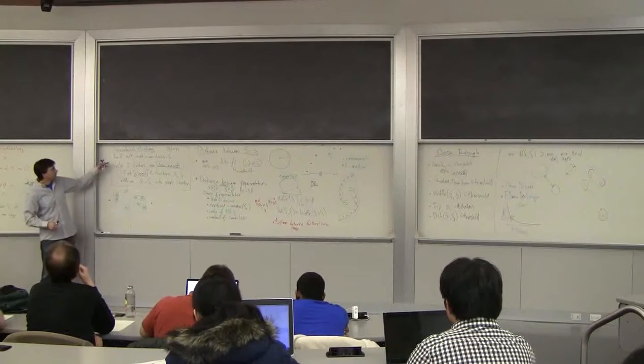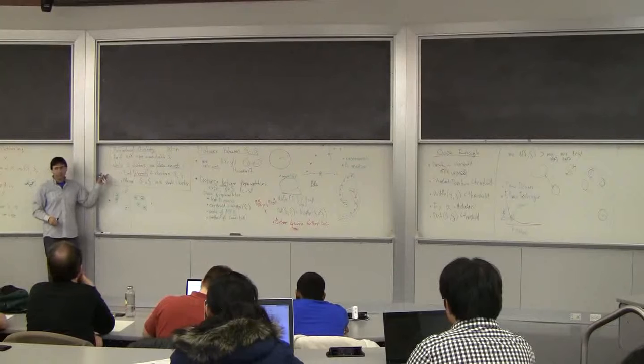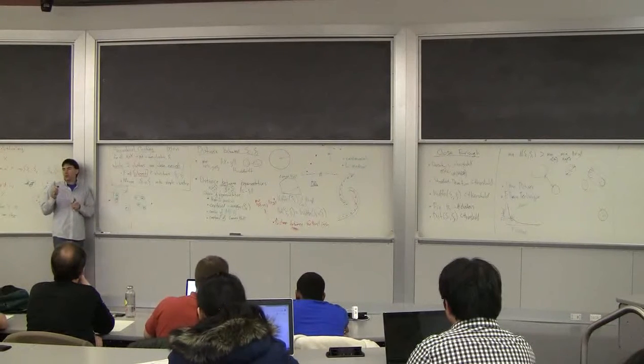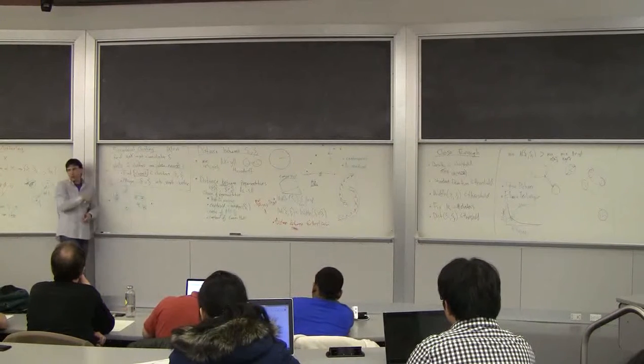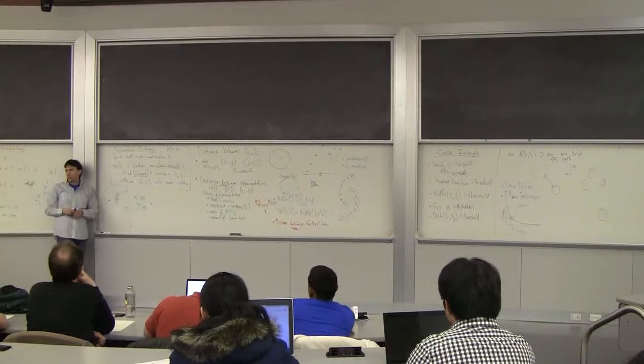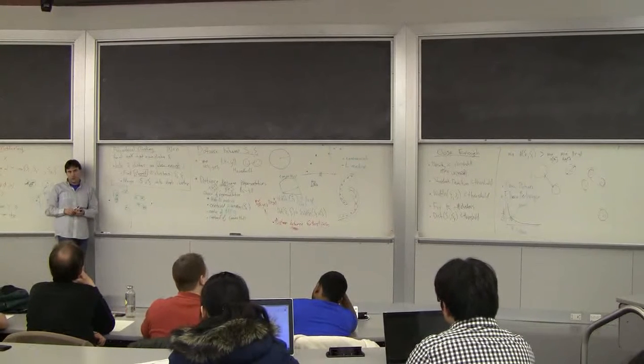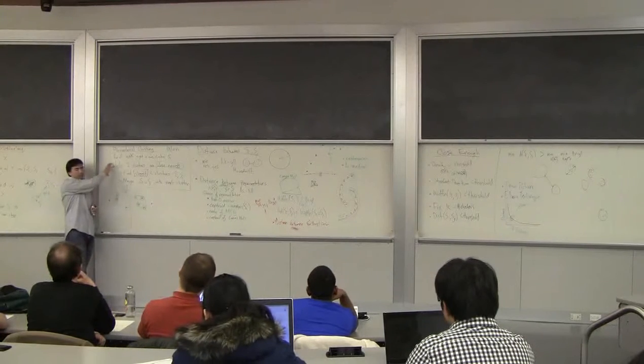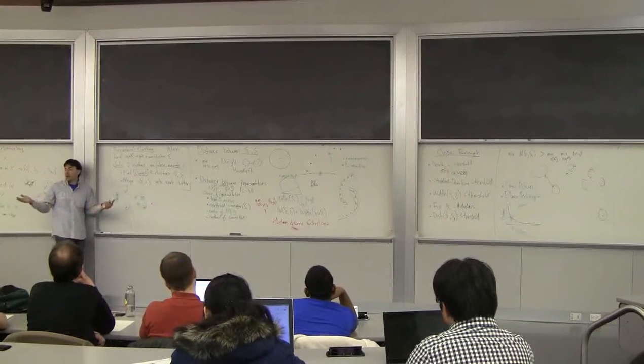So let's see, we're going to go through this while loop. If we stop when we only have one cluster left, how many times would we have to go through the while loop? The first time, how many clusters are there? There are n clusters to start with.